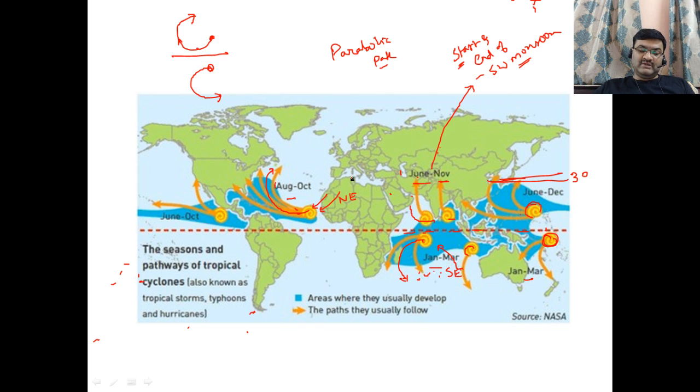Yes, good. So that is why in the southern hemisphere the cyclones are common in the months of January to March. That is, for the southern hemisphere it is summer. In the northern hemisphere the cyclones are common in June, July, August, September. Okay, these are the common occurrences of the cyclone.